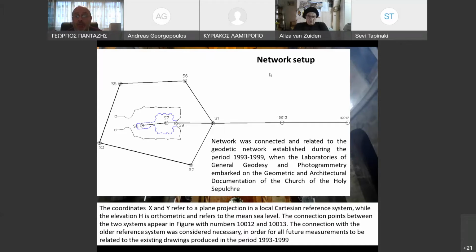The connection between the two systems, the previous system and the new system, appears in this figure with the numbers 10013 and 10012.